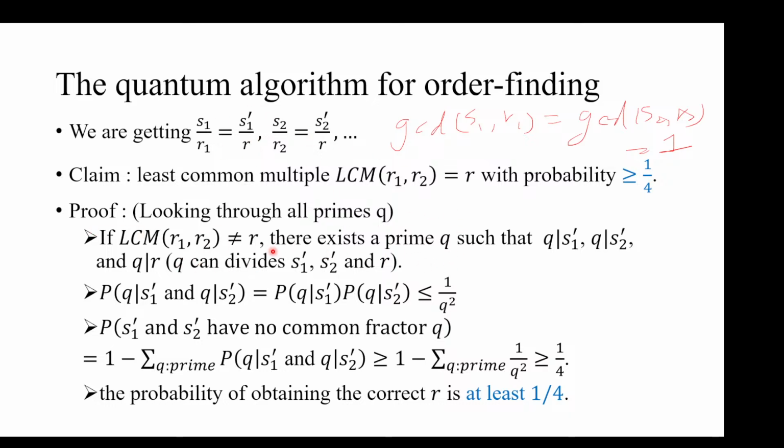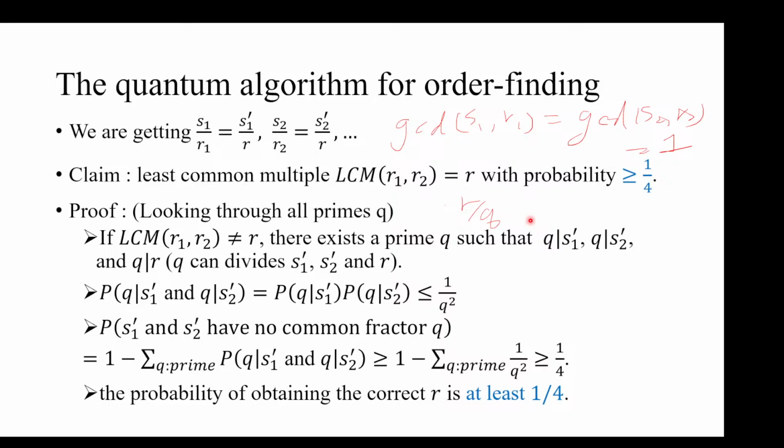And if they both lose some prime factor Q, then the least common multiplier of R1 R2 will be at most R divided by Q, because Q divides everything. So this is really the bad case, and we want to say this thing happens with not too much probability.